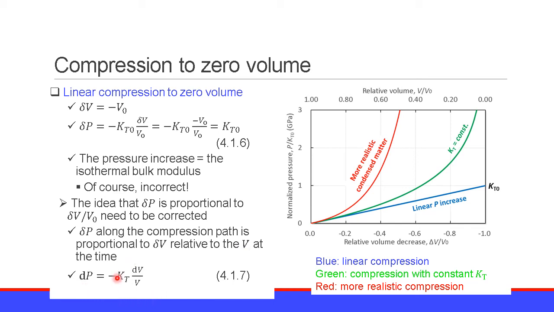Therefore, the relation can be expressed using this differential equation. dP is equal to minus KT, the isothermal bulk modulus, times dV over V. dV is the differential volume. Equation 4.1.7.